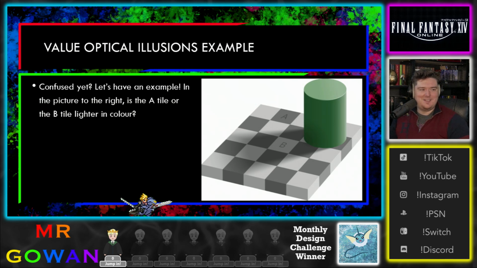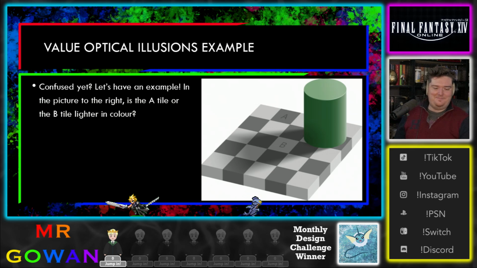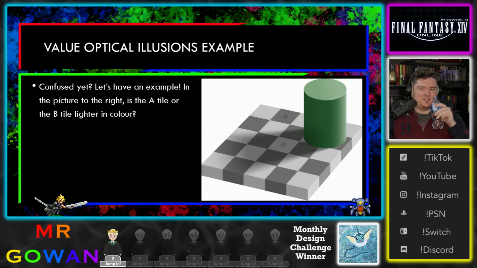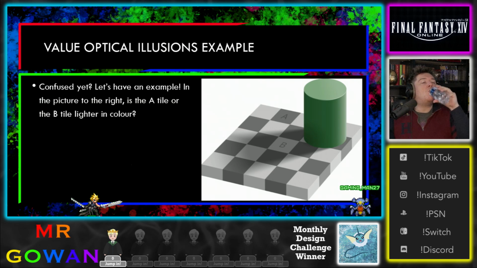You don't have to speed into it. Take a sip of water while I wait. But really think about it. Which one is a lighter color? Is it A or is it B? You think A is the lighter color.